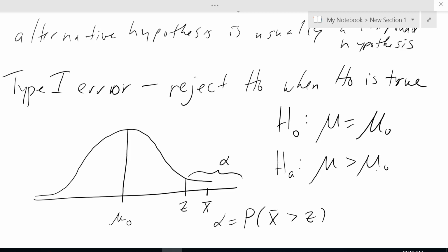So what happens in the cases where I take a sample and the mean of the sample is a bit smaller than mu naught? In this particular case, you wouldn't reject it, because in this hypothesis test we have it set up to where we're saying it was either mu naught or it was greater than mu naught.